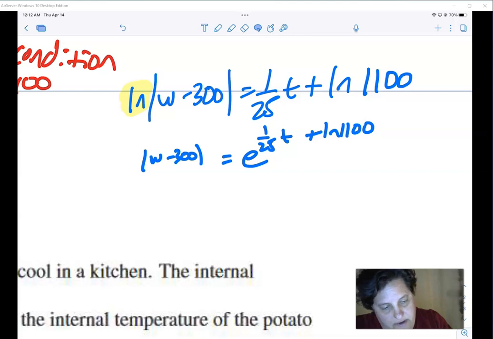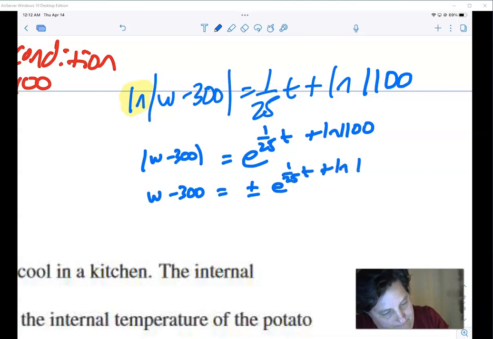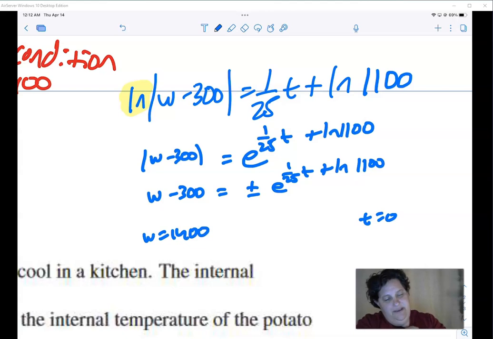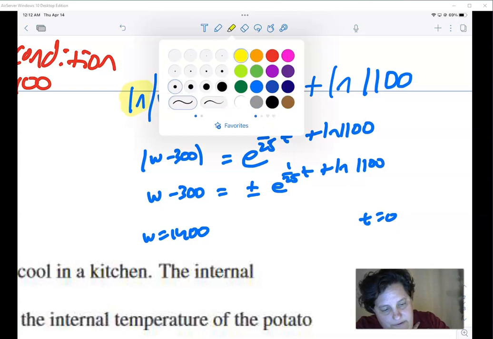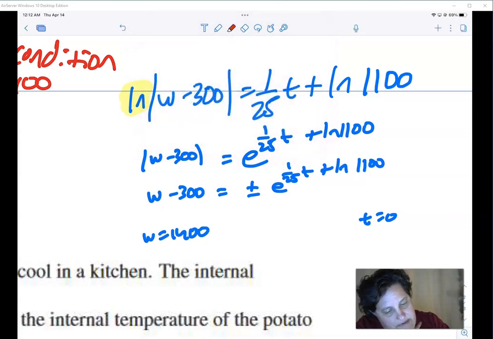There you go. Now, this could be plus or minus because of the absolute values. I can drop those, and then it's plus or minus. But if I were to plug in at time equals 0 and I need to get w is 1,400, is it the plus or the minus? Well, if time is 0, e to the ln of 1100 is 1100, and that equals 1400.